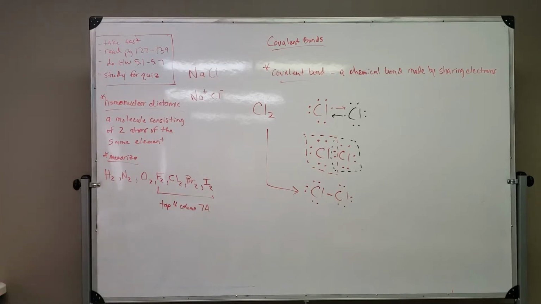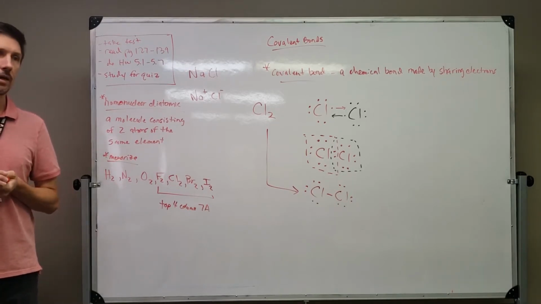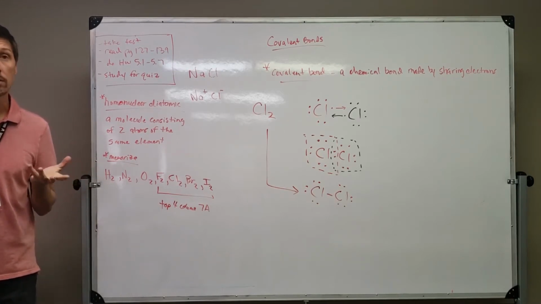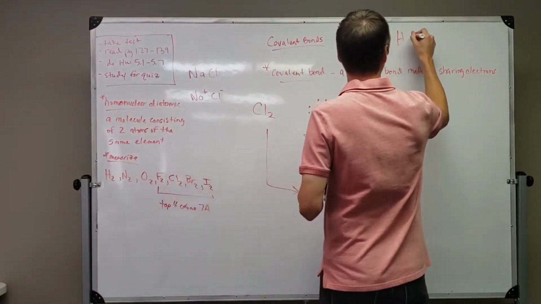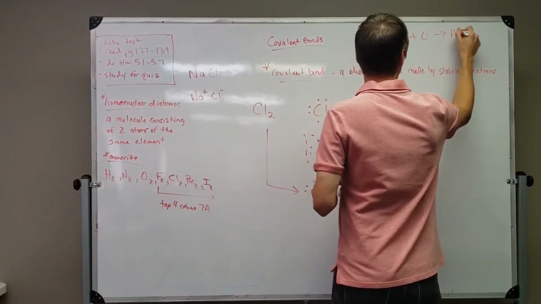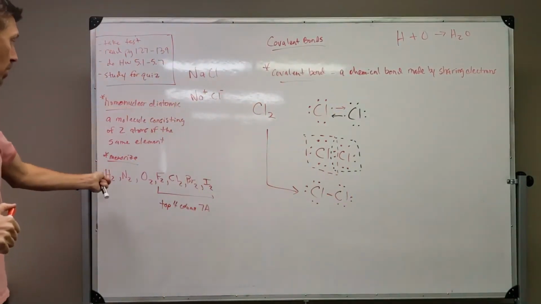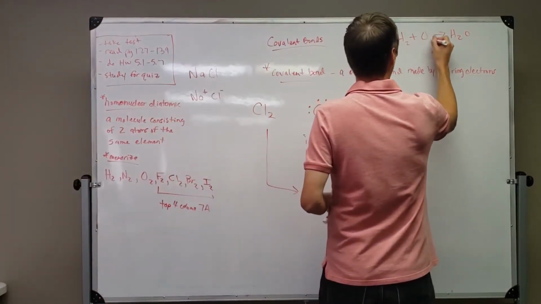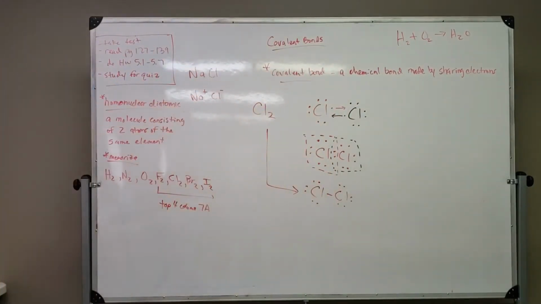And the reason why you need to remember those is because when we start doing chemical equations, if I were to say, write down the chemical equation for the formation, for example, of water, this is not the chemical equation for water because hydrogen and oxygen are both homonuclear diatomics. So they're going to be floating around like that as H2 and O2.